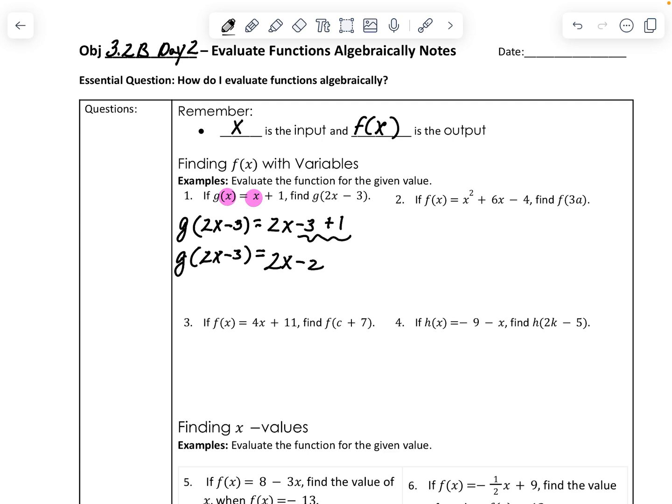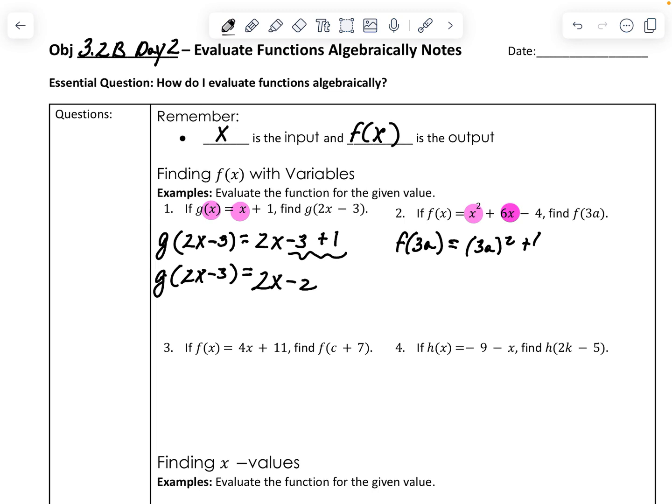All right, so in the second example, it says f of x equals x squared plus 6x minus 4. So find f of 3a. Instead of x, I'm going to put the 3a in there. Wherever I see x in my function, I'm going to replace it with 3a. So I'm going to have 3a squared plus 6 times 3a minus 4.